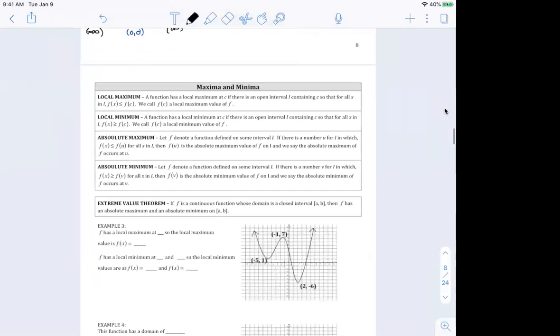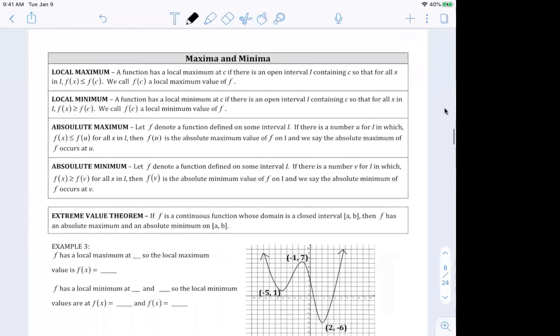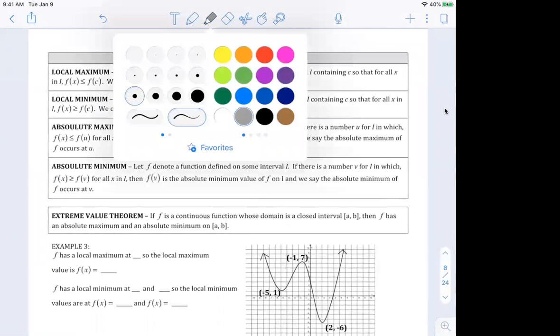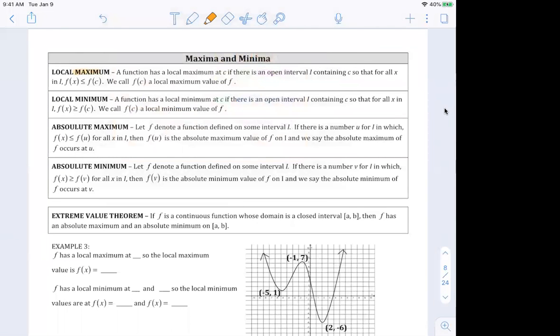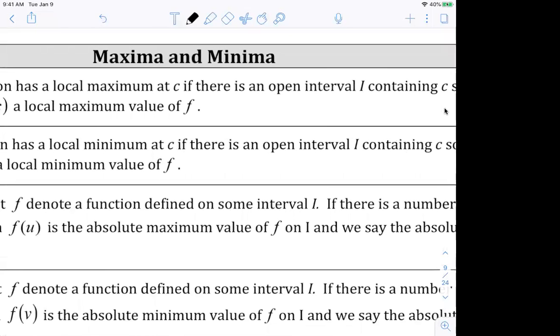You're also going to be talking about max and minimums a lot. And max and minimums are going to be just like they sound. So for a maximum, it's going to be over an interval, and let me draw a little picture here.